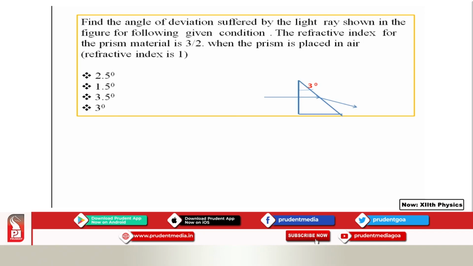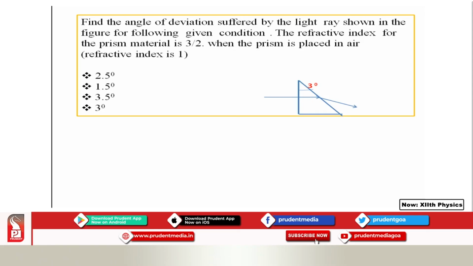So, let us go for a very simple problem. The figure is given to you all. What it says: find the angle of deviation suffered by the light ray shown in the following figure for the given condition. The refractive index of the prism is given as 3/2, and the prism is placed in air, whose refractive index is 1. Can you see here the angle is 3 degrees?